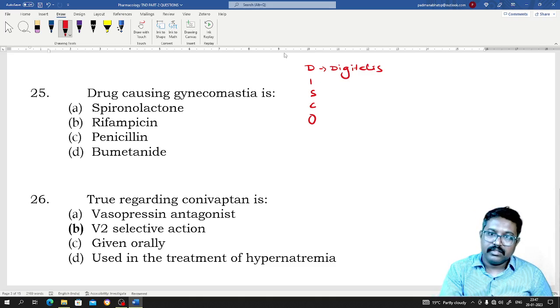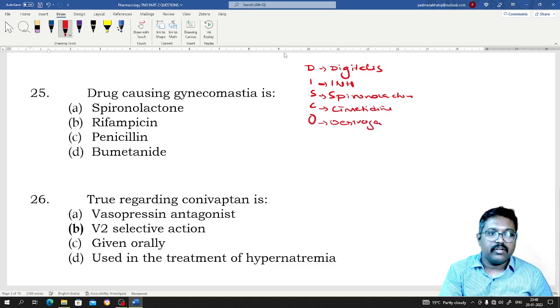I stands for INH. S stands for spironolactone, and C stands for cimetidine, and O stands for estrogen. So here the gynecomastia is caused by spironolactone.